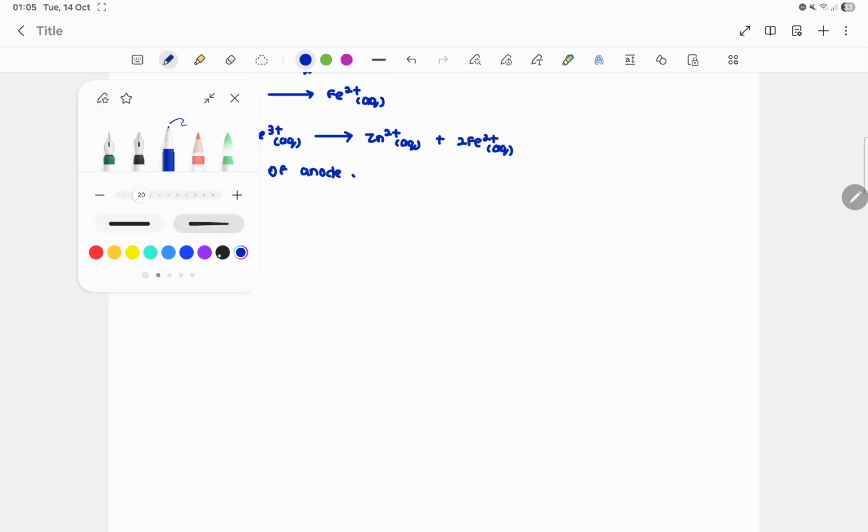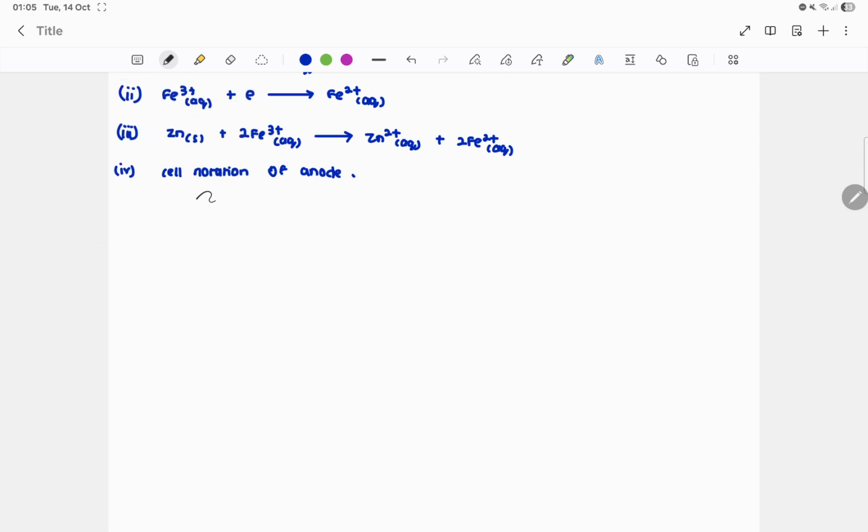I told you how to write the cell notation. First we write the conducting tip, in this case zinc, the part where I attach the external wire.